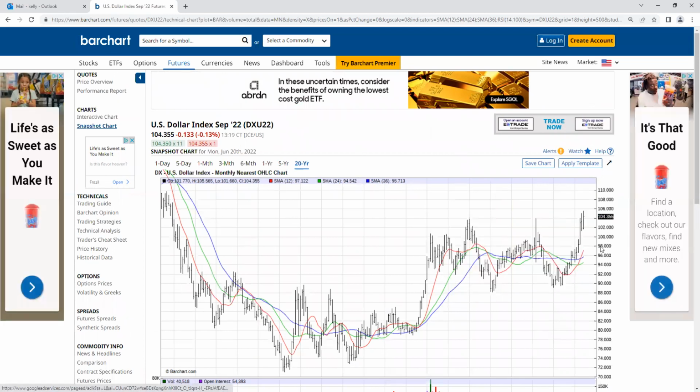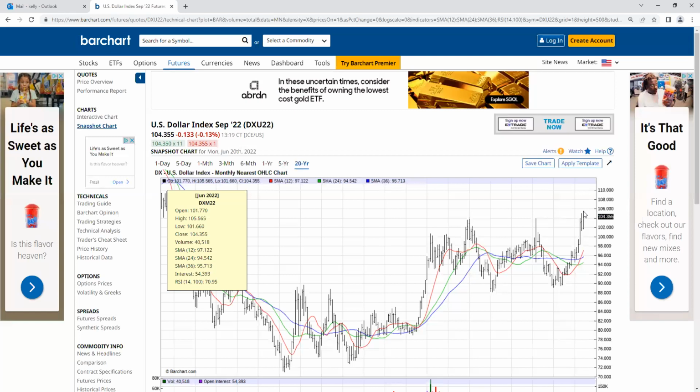Okay. And we're looking, is it very far away from the moving averages? Well, where's the blue line here? Let's do it so you get an idea here. I'm trying to quantify for you. Well, we don't have to guess. The high in June here is 105.56, and the moving average is at 95.71.